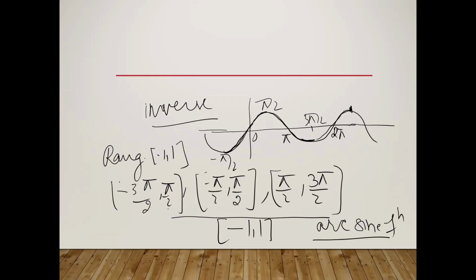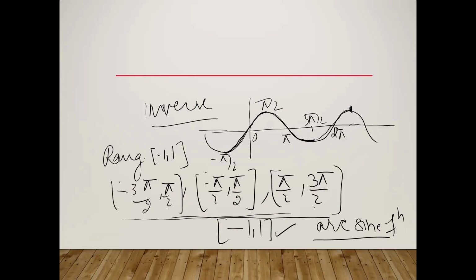So this is also correct. Thus, sine inverse is a function whose domain is minus 1 to 1, and whose range could be any of the intervals. Corresponding to each interval, we get a branch of the function sine inverse.